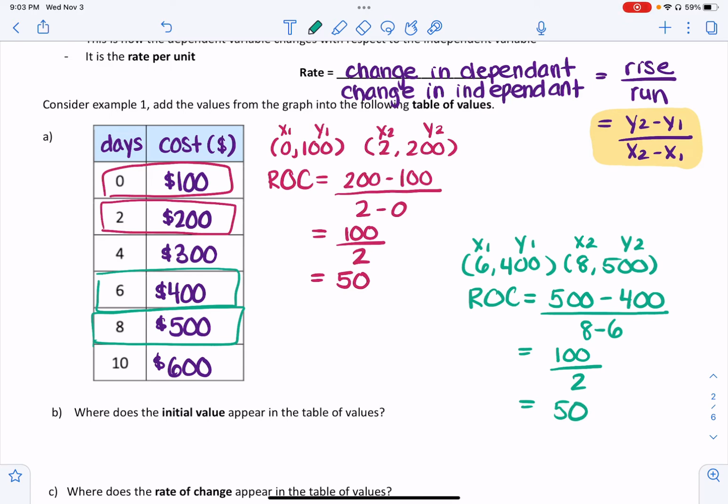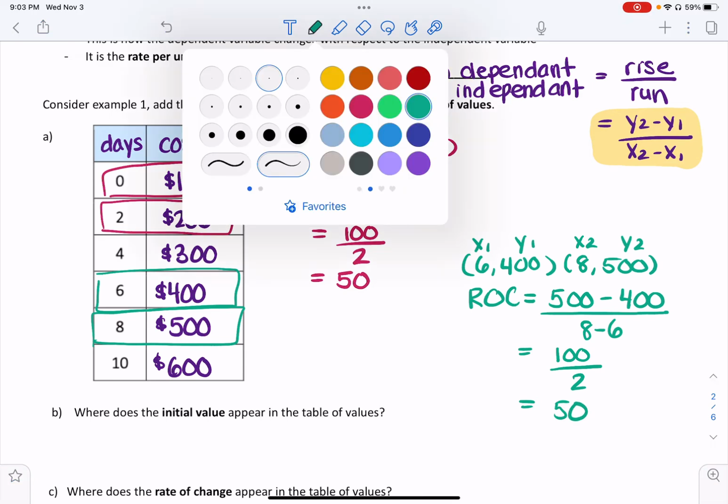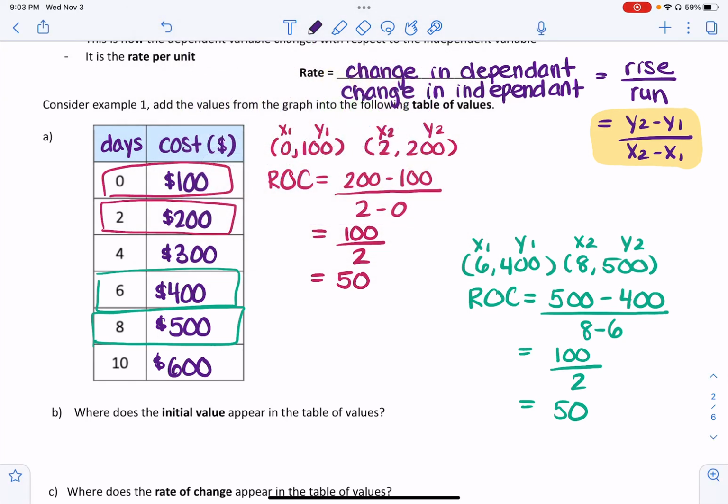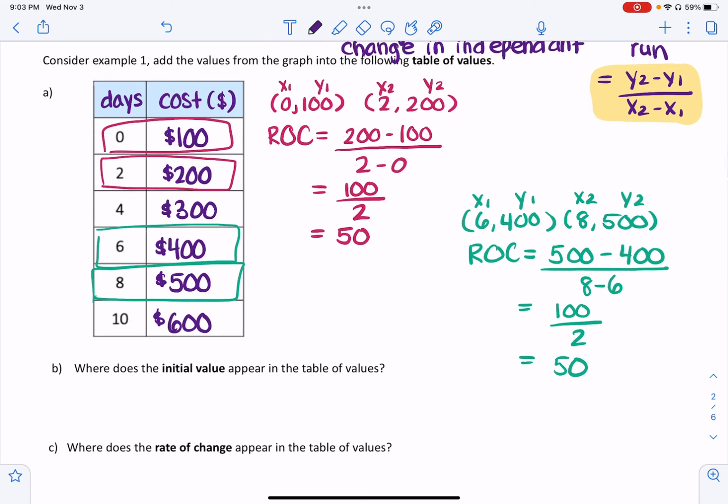So either way, I get the same rate of change, but it sometimes is helpful to be able to approach it when we have a table of values. Now for question B, it asks us, where does the initial value appear in the table of values? So our initial value occurred when we had 0 days rented.